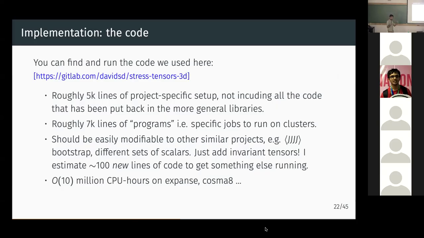So this is a very extensible and flexible piece of code that we're hoping to use for lots more things. Our ultimate computations took on the order of 10 million CPU hours. This may not mean anything to you, but it is a hefty amount of CPU time, but not so hefty that a typical computational physicist would be very impressed. This is a minor amount of computational work.